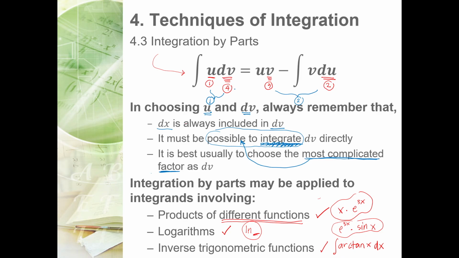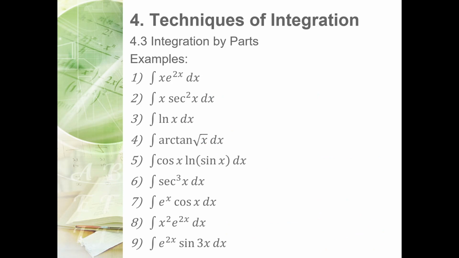Okay, so what better way to do this than to solve some problems. As you noticed on your screen, upon observation of the different examples, those are products of different functions.